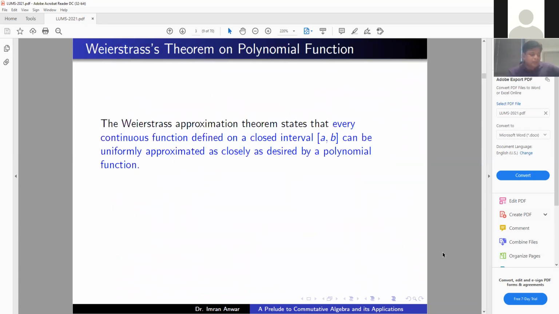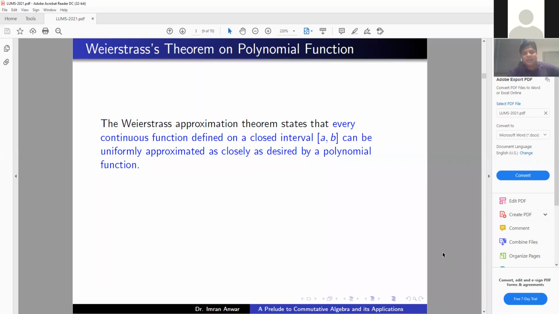One very important aspect of the historical importance of polynomials is due to the work of Weierstrass, who gave a theorem on polynomial functions. According to Weierstrass, every continuous function defined on a closed interval can be uniformly approximated as closely as desired by a polynomial function.